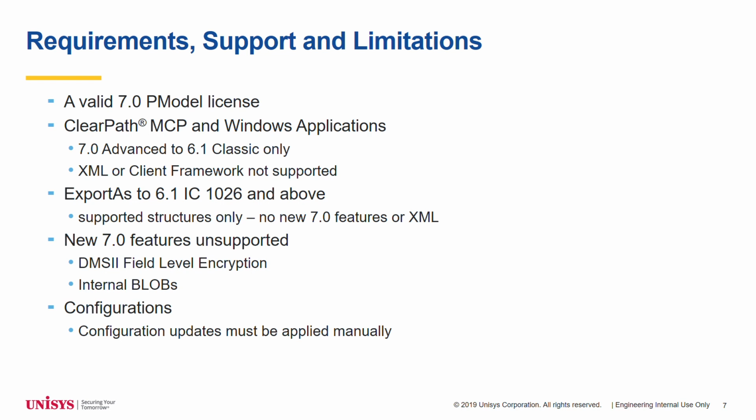The target application must be running IC 6.1 1026 or more recent. Obviously, new 7.0 features are not supported by ExportAs. For example, DMS2 field level encryption and internal persistent blobs. Lastly, as I mentioned earlier, configurations are not supported, though they can still be applied manually, as they are today.